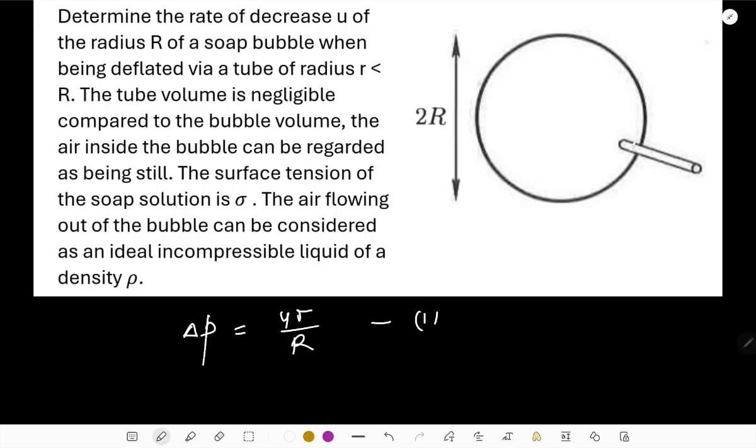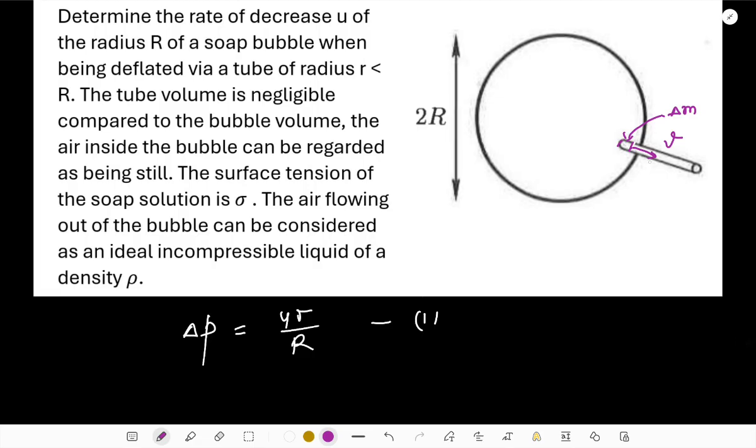It will have some velocity, and I call it v, and the mass of this air flowing out, I suppose, is delta m.